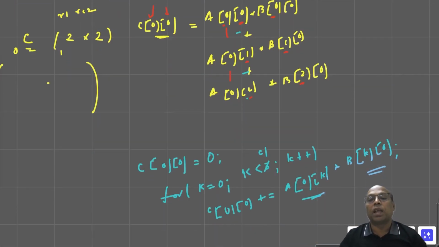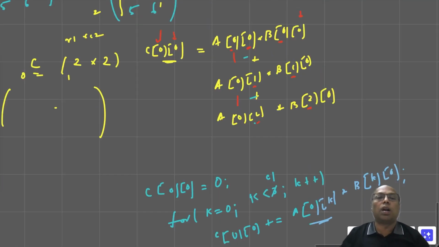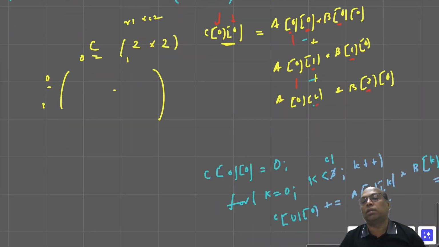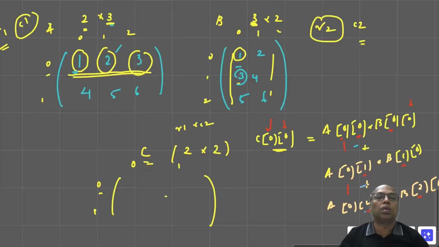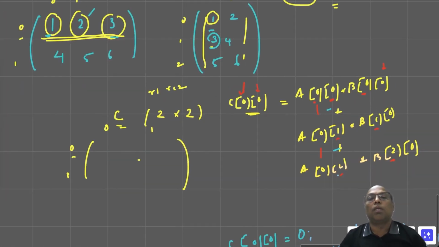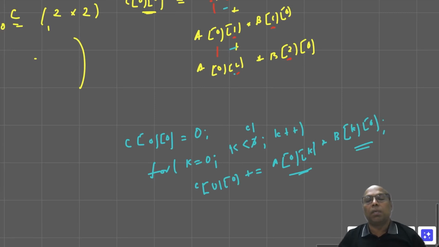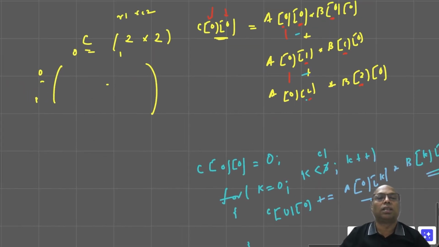I added. Then k became 1. A of 0, 1 gave you 2, and B of 1, 0 gave you 3. K became 2. A of 0, 2 gave me 3. B of 2, 0 gave me 5. K became 3, it came out. Done. Now, this is for the first one. For this one, we got the value.